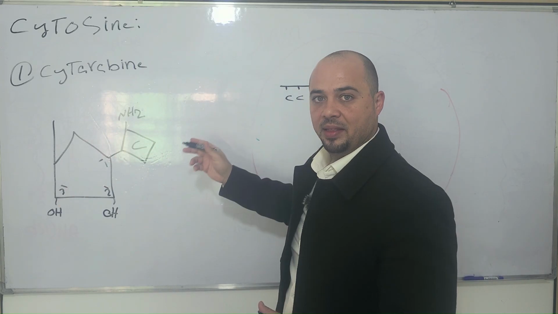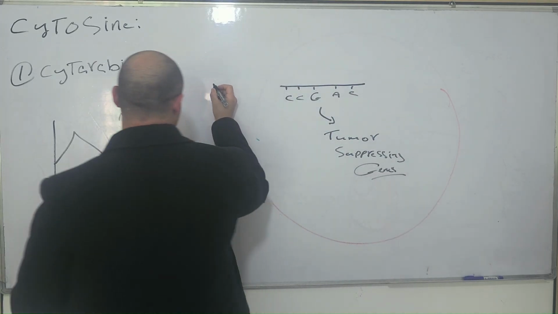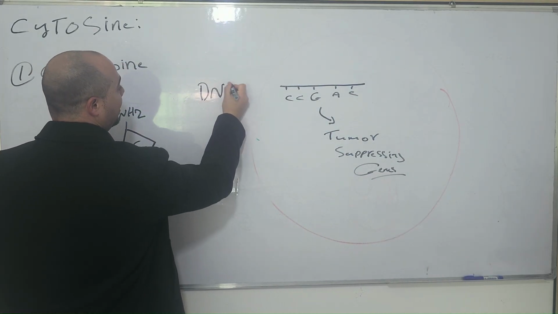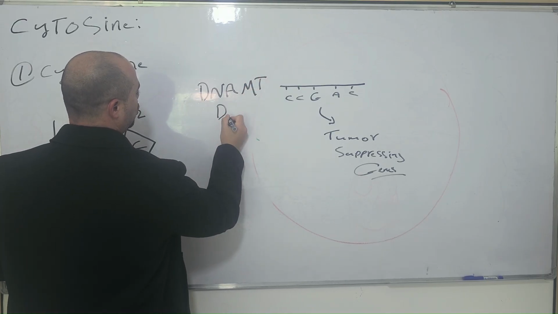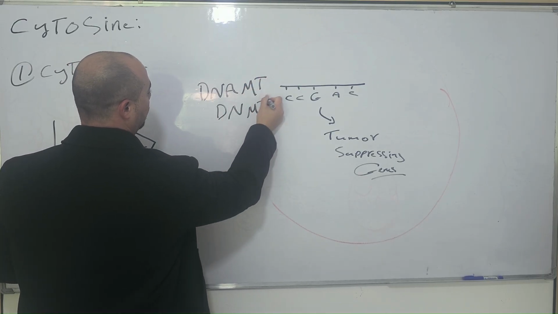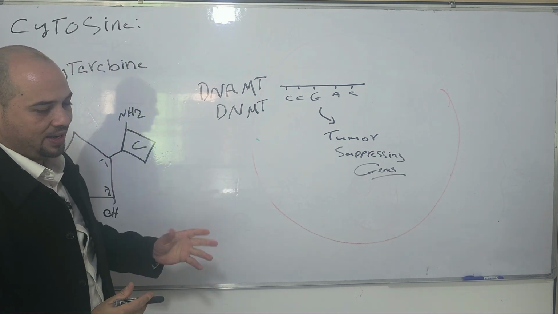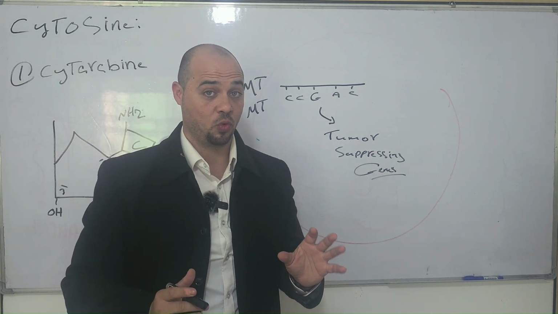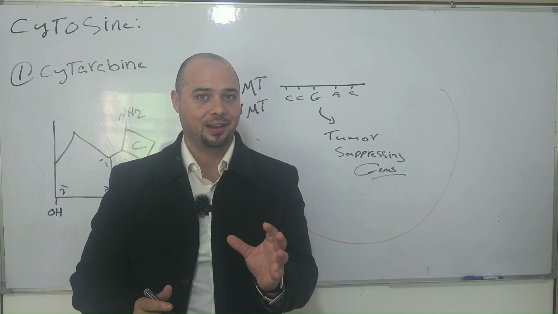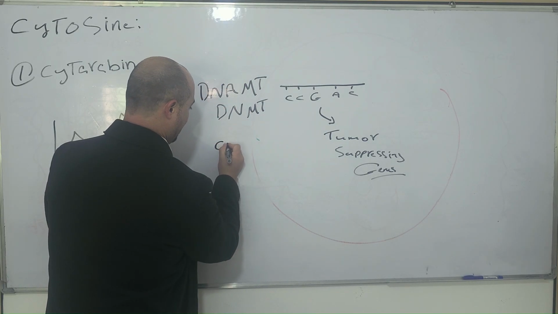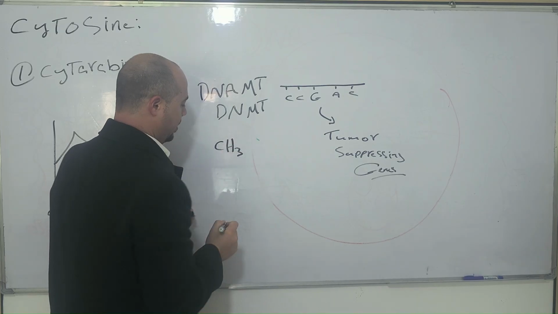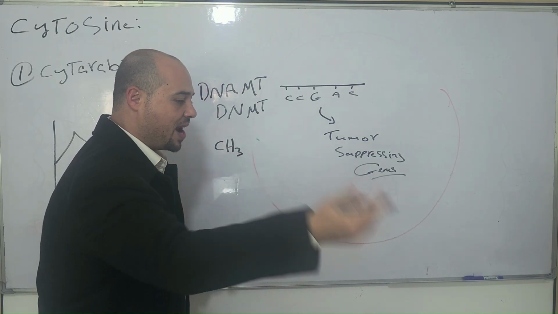There's an enzyme. This enzyme is called the DNA methyl transferase, or for short DNMT, right? So look at the name, DNA methyl transferase. What does this enzyme do? Basically, it takes a methyl group, remember, the methyl group is CH3, and it transfers it.